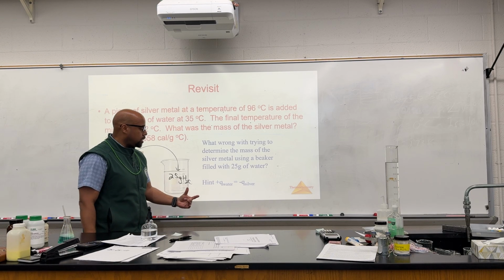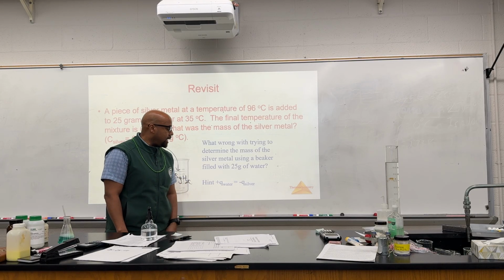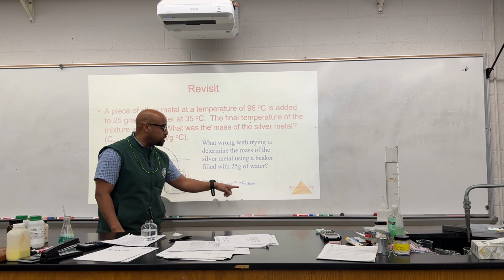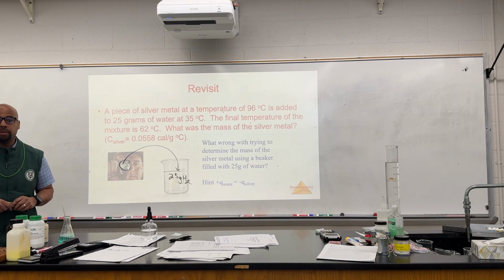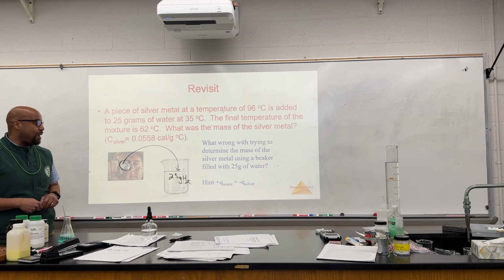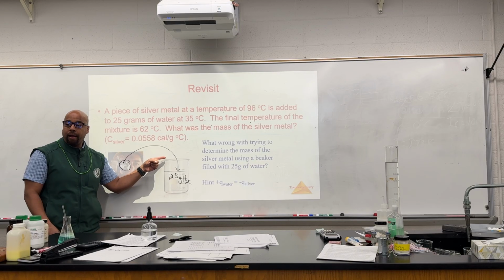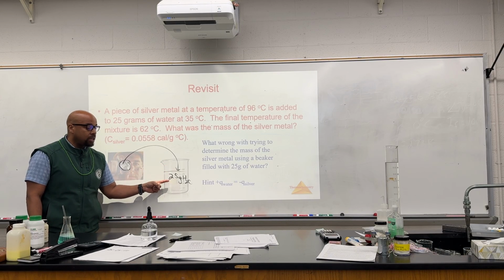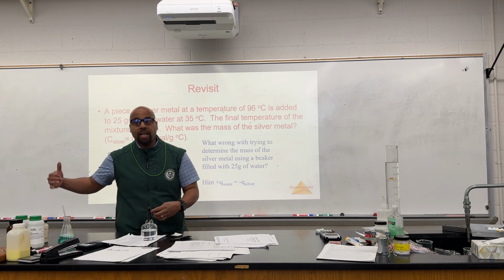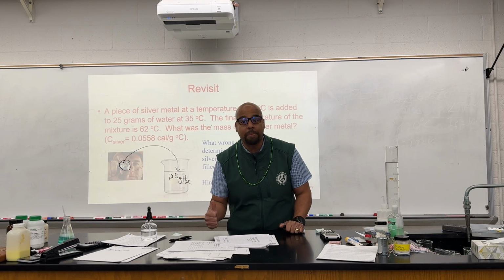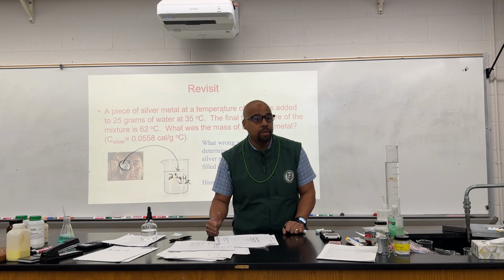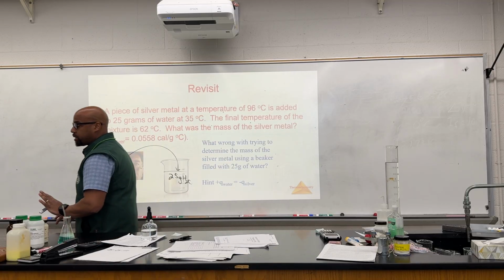Because according to this equation, all the heat that is lost by the silver better end up in the water. Which means that, hey, if some of the heat is going into the air, some of the heat is going into the glass, then that means this setup right here is going to lead me to having some sort of experimental error. Because some of my energy is being lost here.